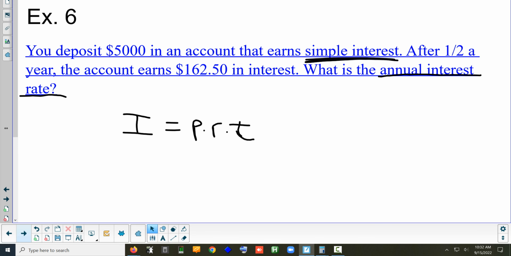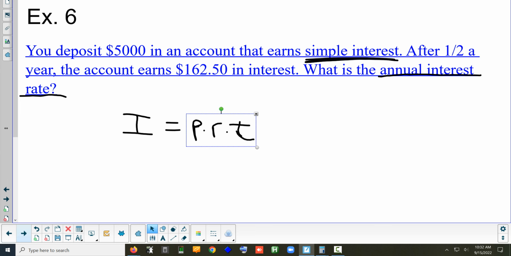What operation are you doing on the right side? Is it add, subtract, multiply, or divide? Multiply. Yep, we're multiplying. Let's start with the P. I don't want this P here. I'm trying to get the R by itself.